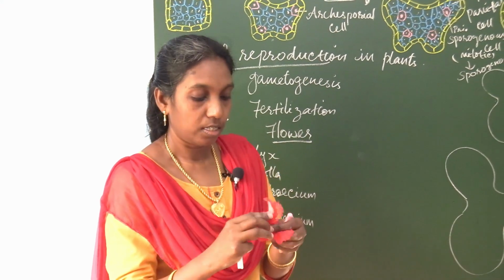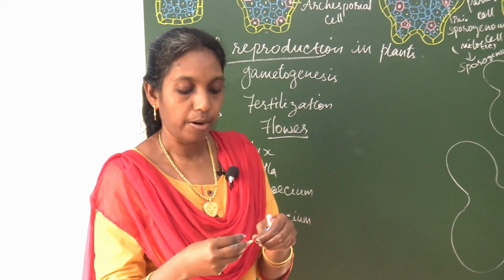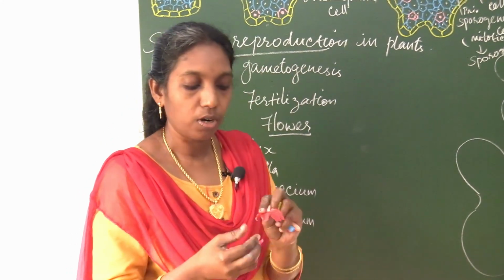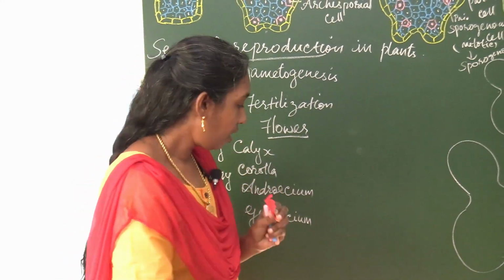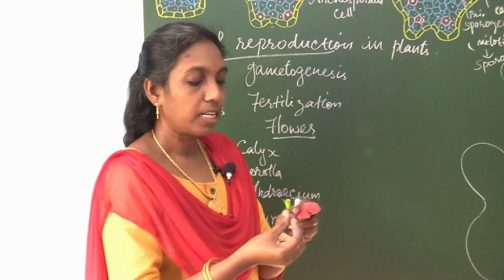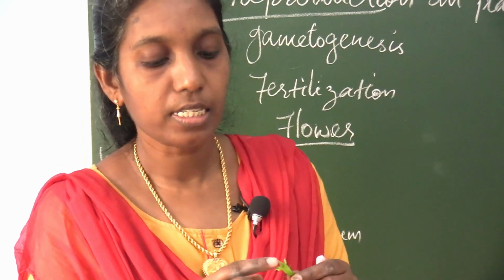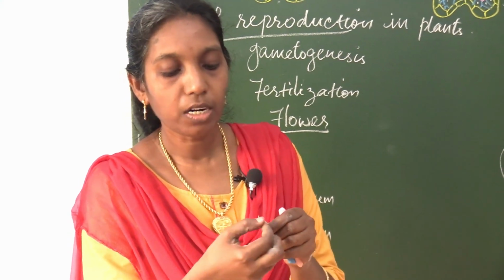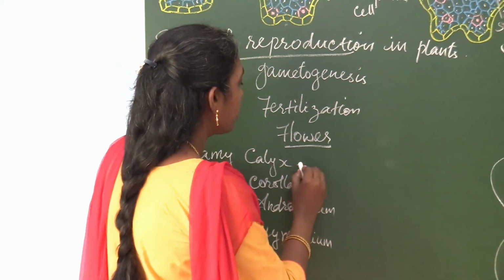Before that, the calyx contains a number of units, so each segment of this calyx is named as sepal.